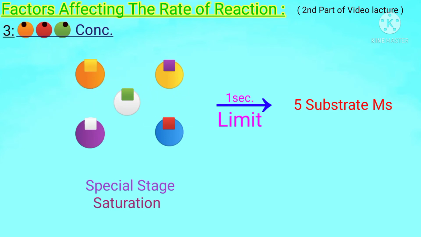So if we add some more enzymes, then the rate of reaction will not increase because the substrate molecules are the same. The increase in the number of enzymes will not increase the rate of reaction.